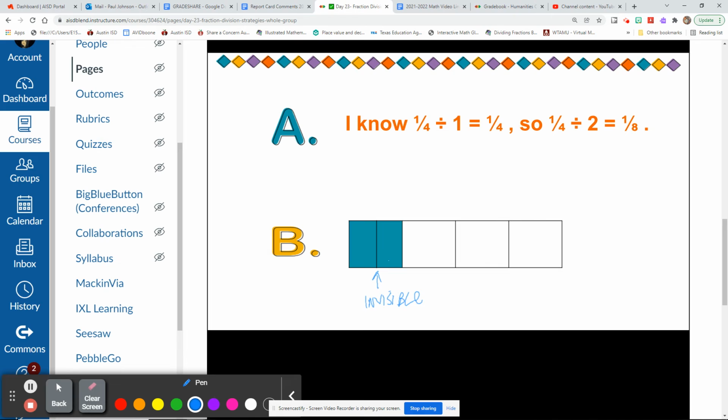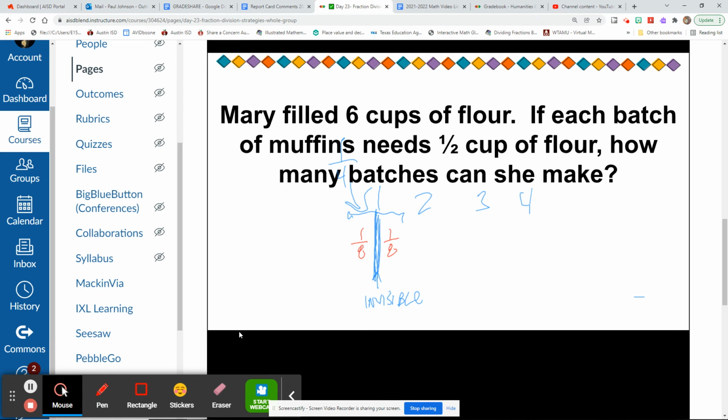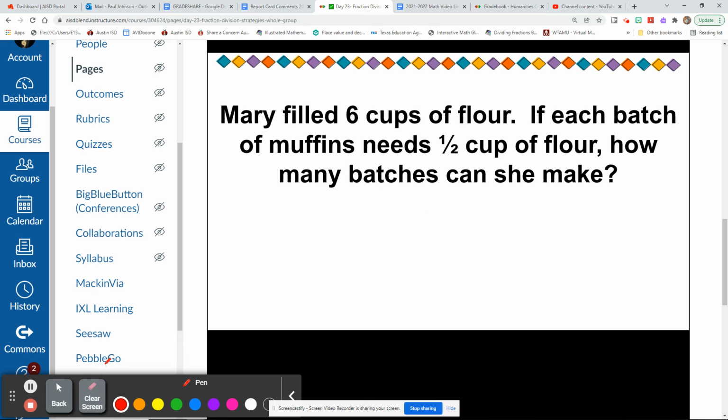If that little bar is invisible, then there's 1, 2, 3, 4 pieces, right? Which means that this whole thing would be 1/4. Then they split 1/4 in half because they split it between two people, and now each person has 1/8. Ta-da!